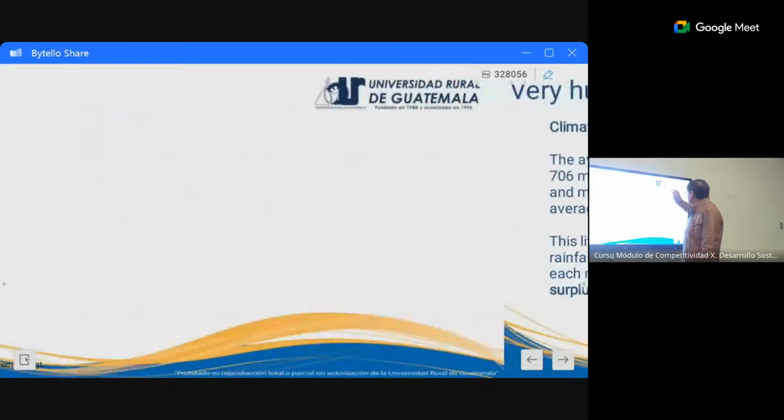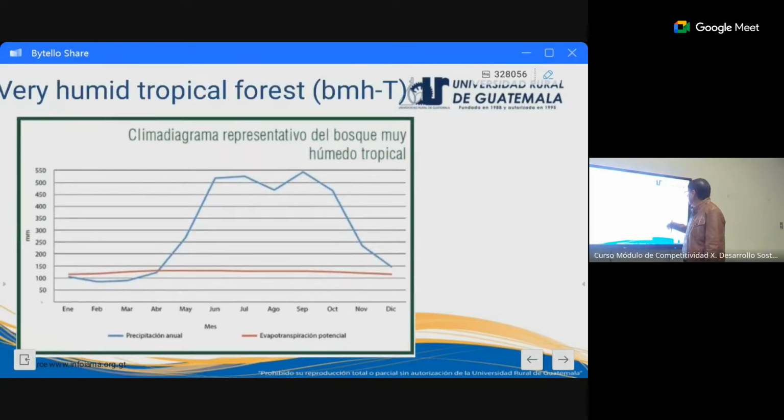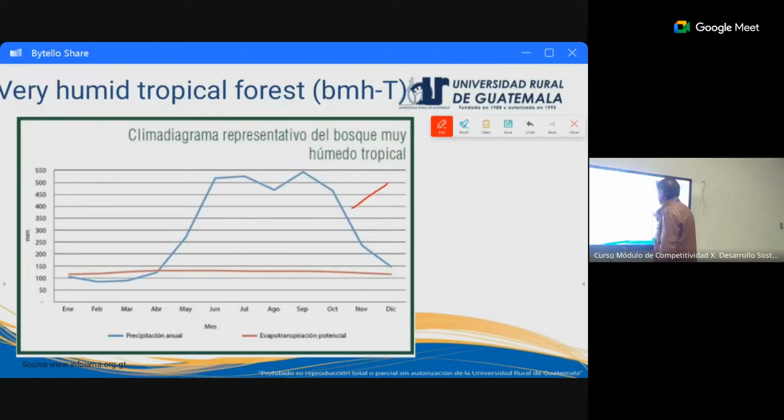Okay, let's check now the map. I think the graphic, and you can see that this blue line here has increased. So if we compare this with the previous climates, this is a big one here, from 100 to, let's say, 525 millimeters of rainfall.